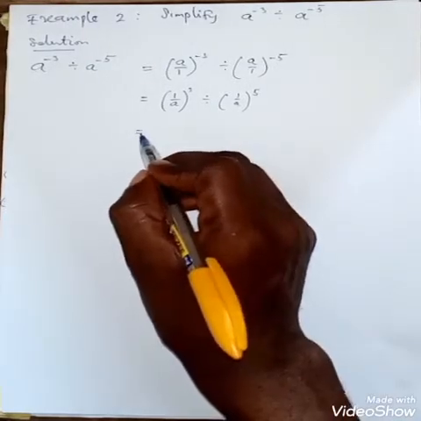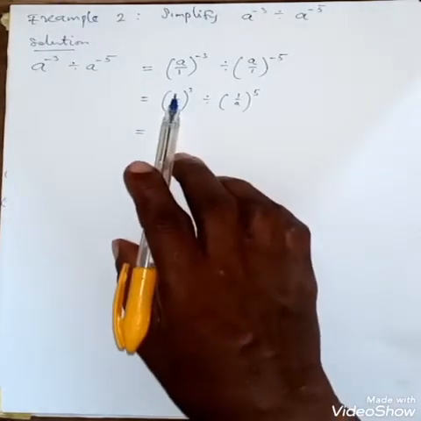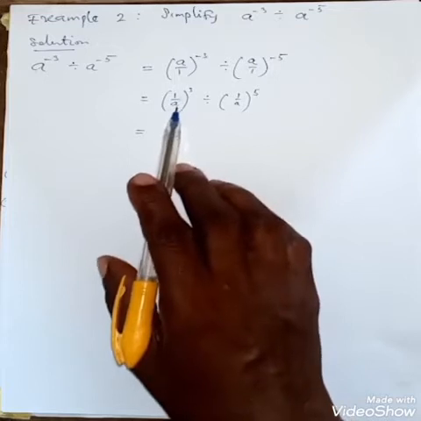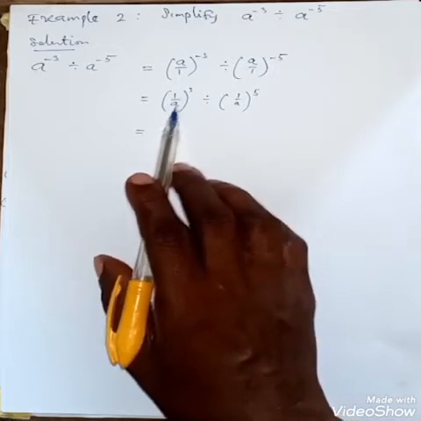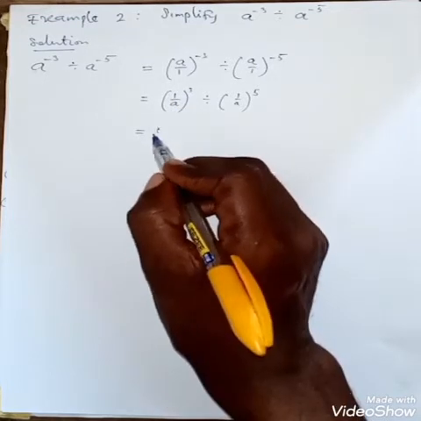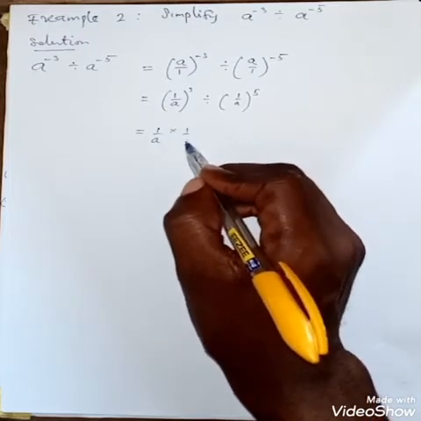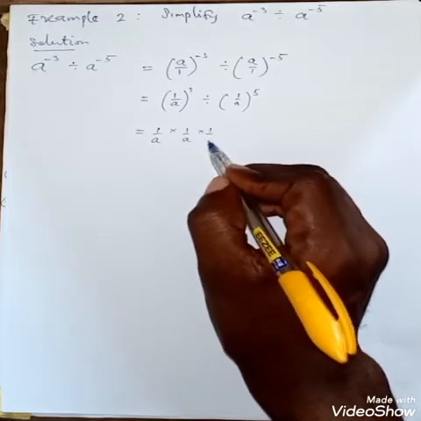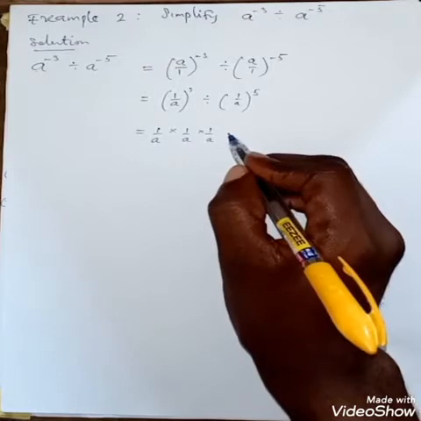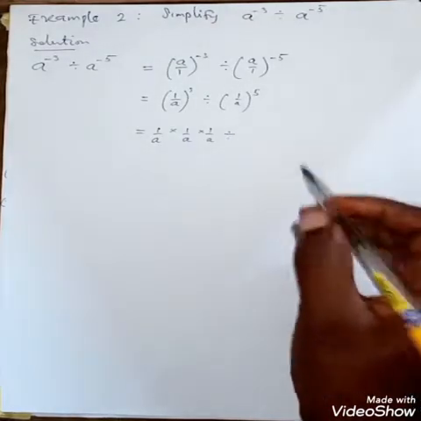The next step is we are going to interpret this. What we have here means 1 over a should be repeated 3 times. That is 1 over a multiplied by 1 over a multiplied by 1 over a divided by.